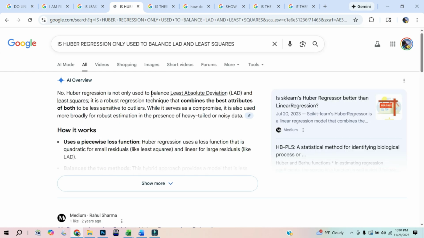No, it is a robust regression technique that combines the best attributes of both to be less sensitive to outliers. Where it serves as a compromise, it is also used more broadly for robust estimation in the presence of heavy-tailed noise data.